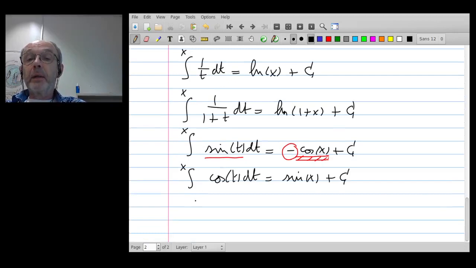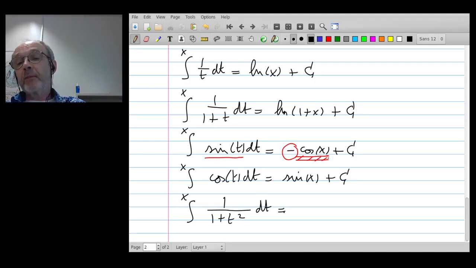Then we have already calculated the derivative of the arctangent, and we know that the derivative of the arctangent is equal to 1 divided by 1 plus x squared. So if you have an integral like this one, 1 divided by 1 plus t squared from some unknown lower boundary to x, what do you get out of it?